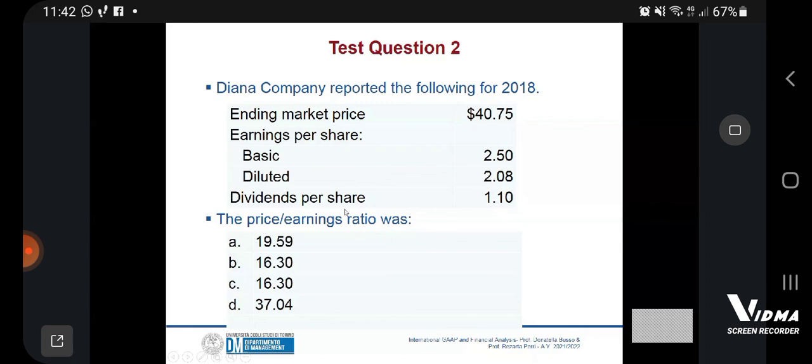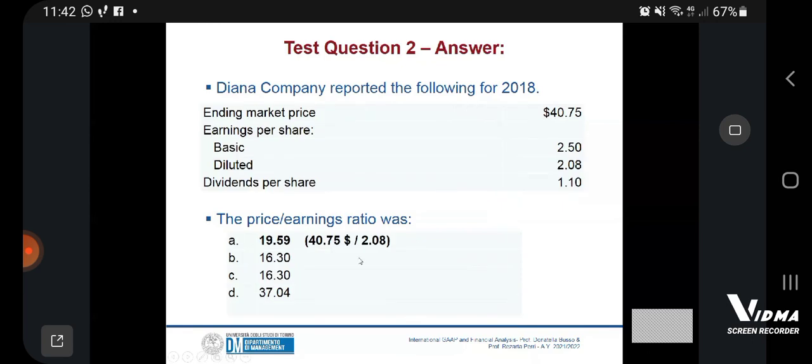Price earnings ratio, you remember that the price earnings ratio is basically the ratio between the price in the market, this is the price in the market over here, the first line, divided by the basic earnings per share, not the diluted one. So this means that the correct price earnings ratio, sorry, the diluted, is the alternative A. The ratio between the market price ending one and the diluted earnings per share.